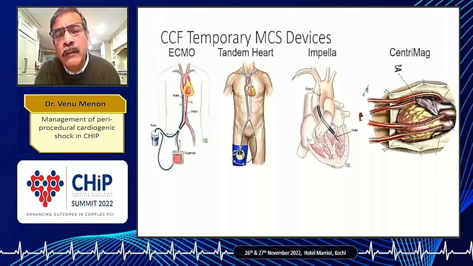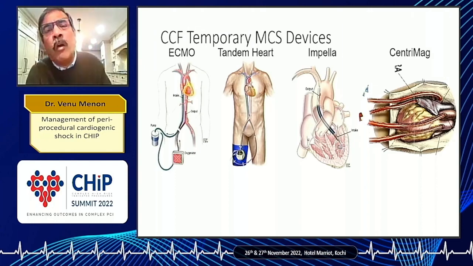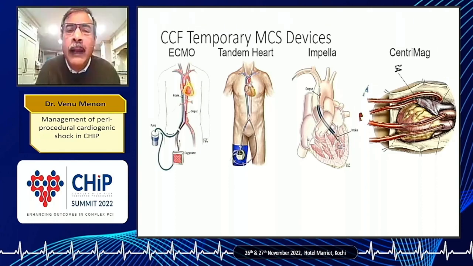And for that reason, the availability of current temporary reliable mechanical support has really transformed the landscape in that it has given us an opportunity that while we revascularize this patient, we can support the circulation. And we can do that with a number of technologies that are well known to the audience.